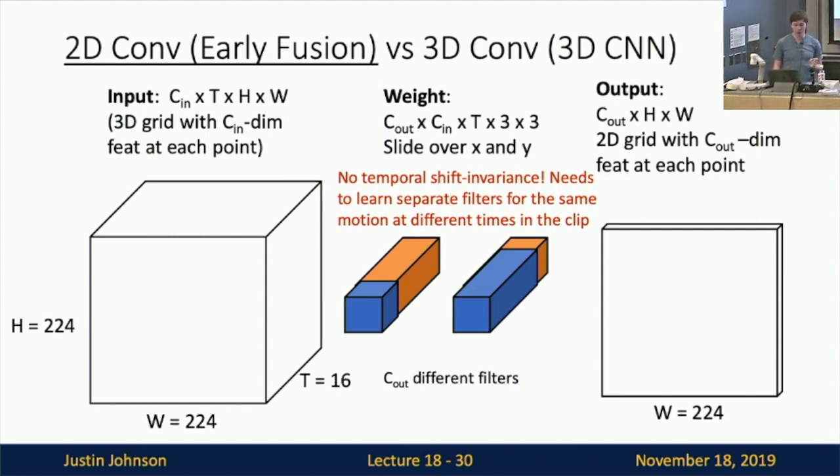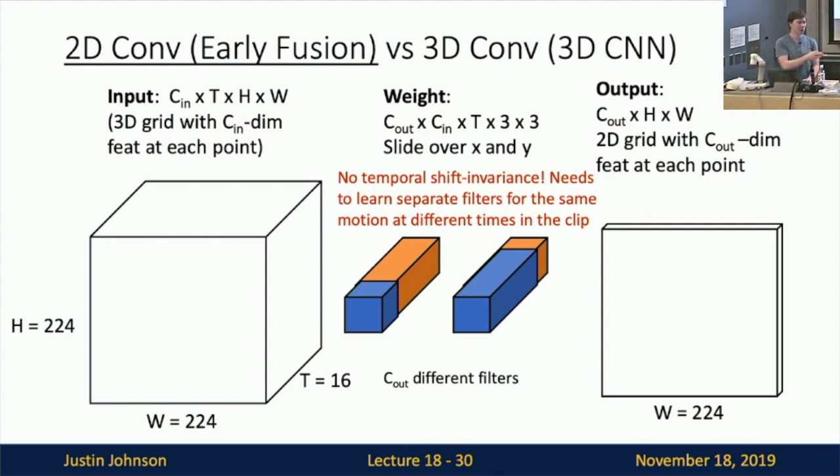Now, one problem with this is that because our filters extend over the entire length in time, if we want to detect changes in color at different positions in time, we would need to learn separate filters to represent those changes. So for example, we might be able to learn one filter that can detect a shift from blue to orange at time 3.